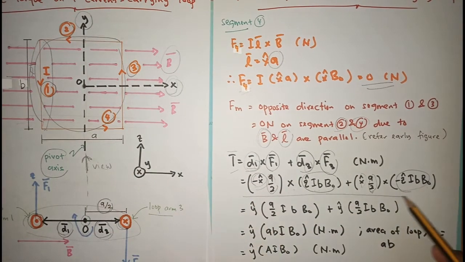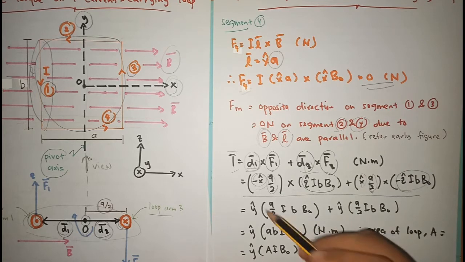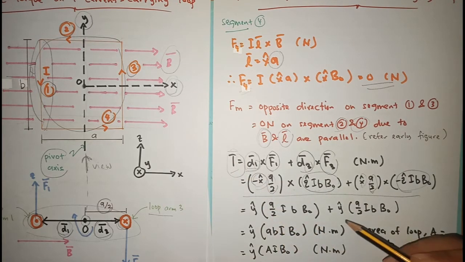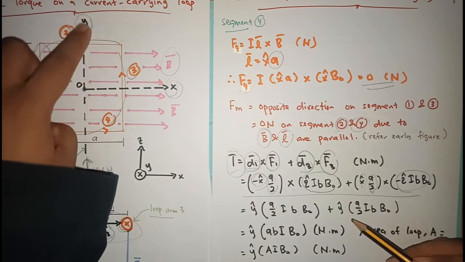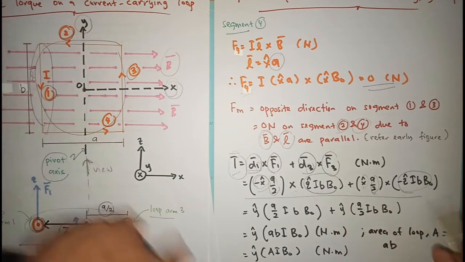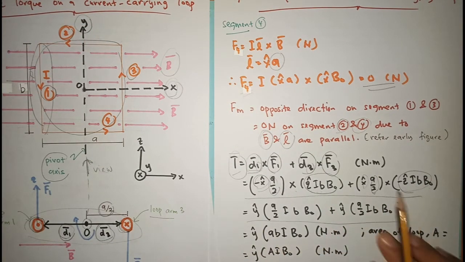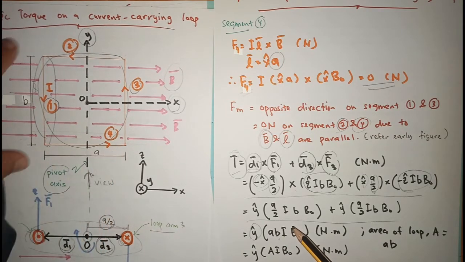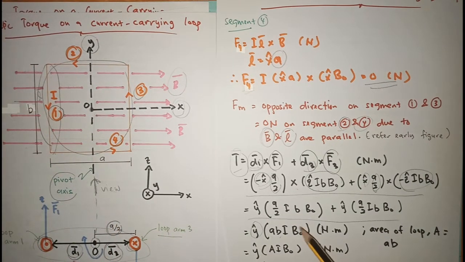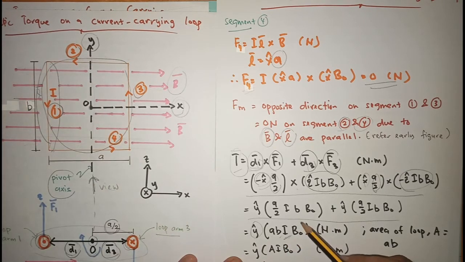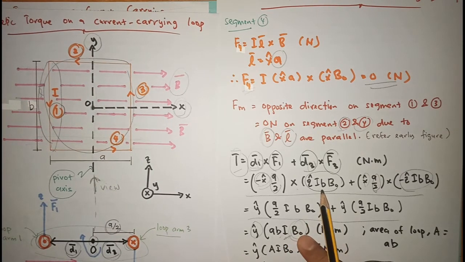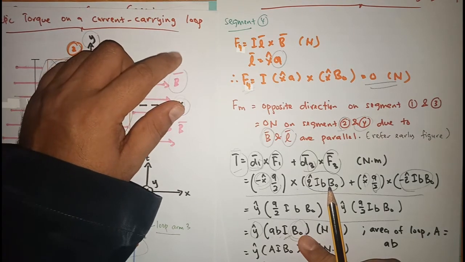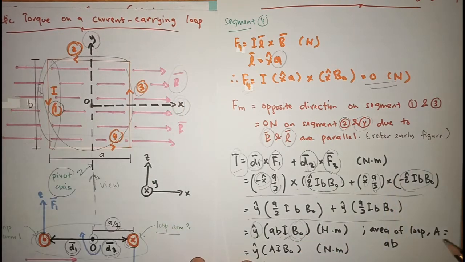By solving this expression, the torque will be produced in the y direction for both expressions. If we add them together, then the total torque is equal to y cap A B, the width multiplied by the length of this loop, times I, the value of the current injected inside this loop, multiplied by B naught, the amplitude of this magnetic flux density.